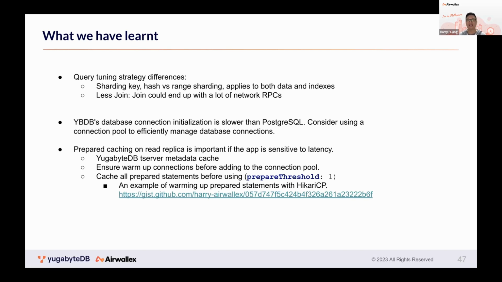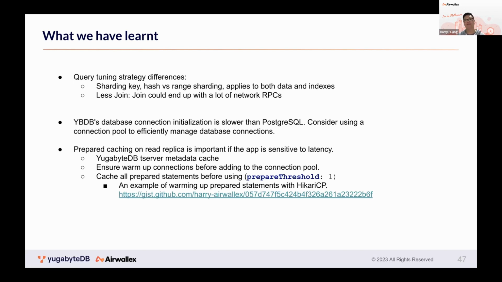And join is another kind of performance hit in a distributed environment, because when you need to join two tables or two indexes, you have to transfer the data. I mean, the database, Yugabyte, has to transfer the data to a centralized place to do the join. So it could end up with a lot of network RPC and a performance hit as well.